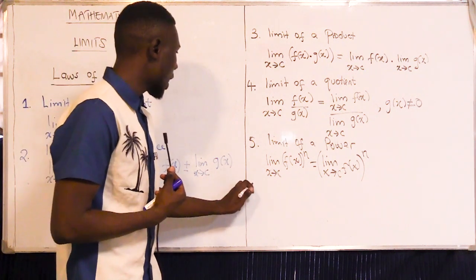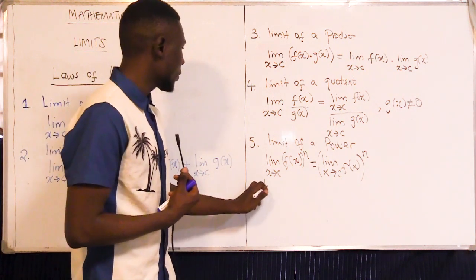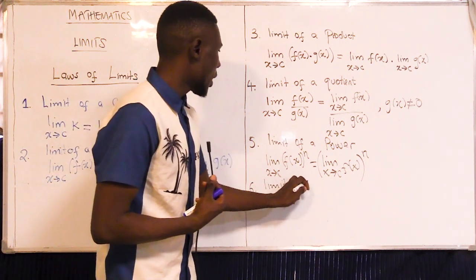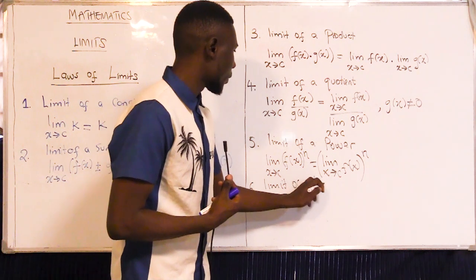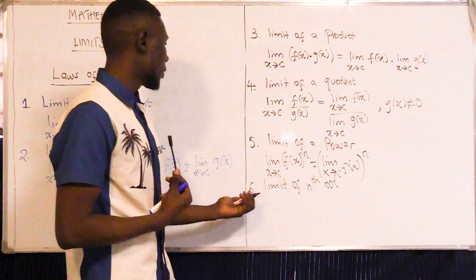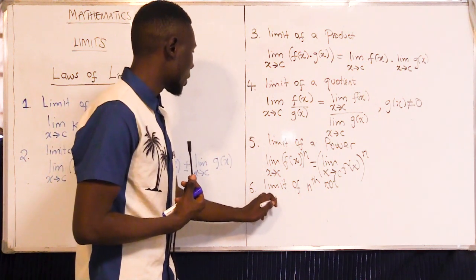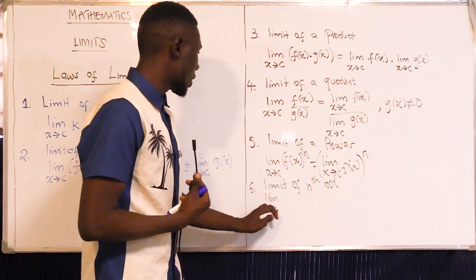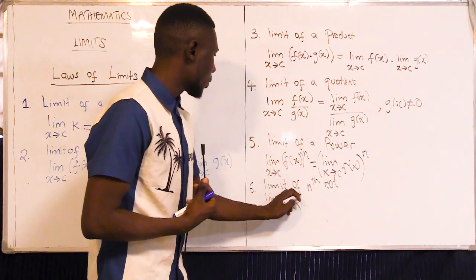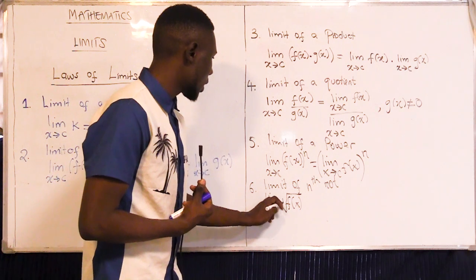And now let's move on to the last one, which is limit of nth root. If this is what I have, I will write this as limit as x approaches c of our function f of x, which is like this.